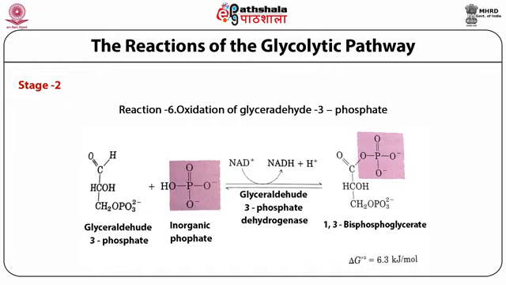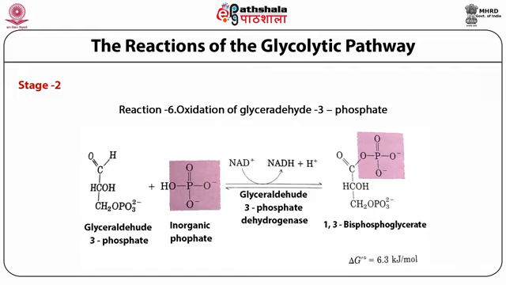In its oxidized form, NAD binds tightly to the enzyme. The aldehyde group is dehydrogenated to an acyl phosphate, as the acyl phosphate has a very high standard free energy of hydrolysis, that is minus 49.3 kJ per mole.